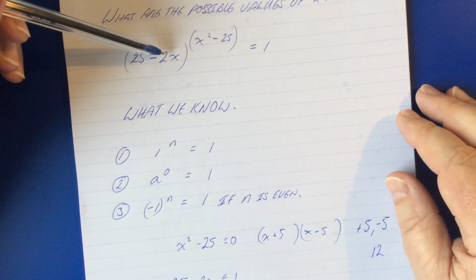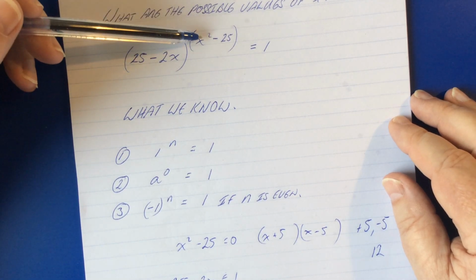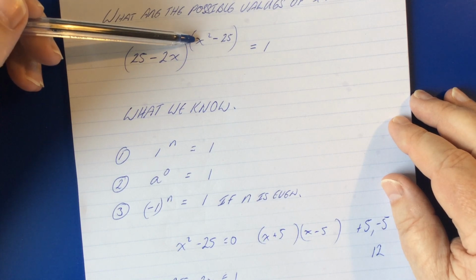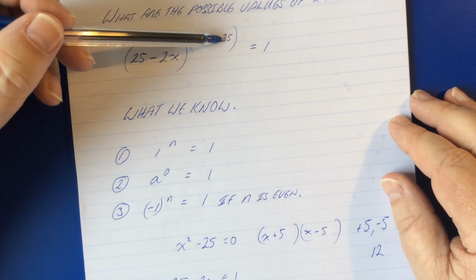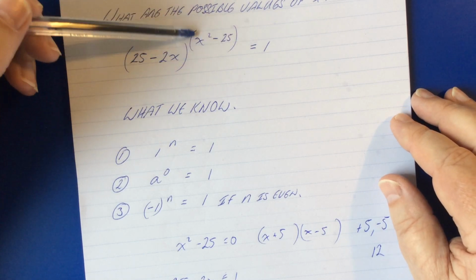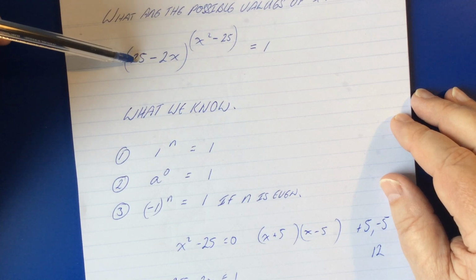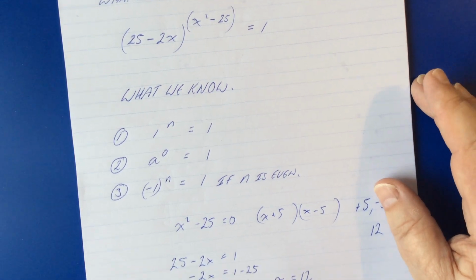What we've wound up with is 1 in this bracket, and it doesn't matter that this would be 12 squared and you're subtracting 25. It doesn't matter what power we raise this to. If we've got 1 in this bracket, we've got ourselves a possible solution.